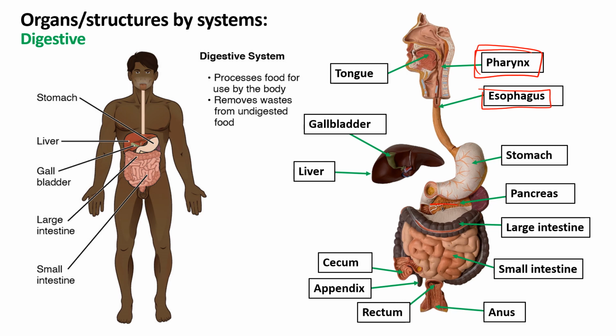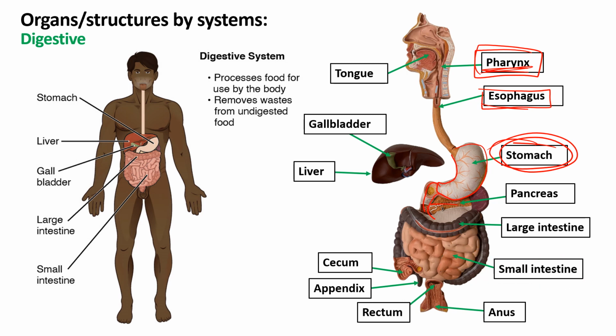After the pharynx, going down, we have the esophagus and then the stomach. The stomach is this organ here. After that, we have the small intestine. This tube here, and all this, is the small intestine.